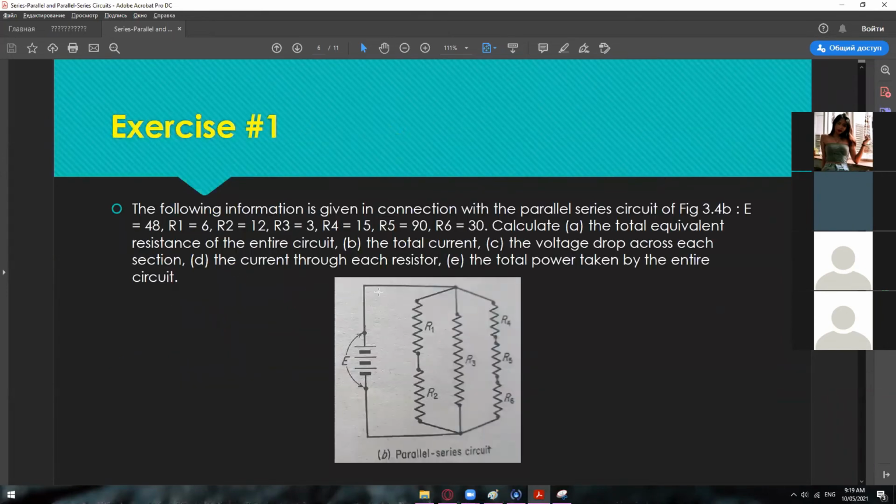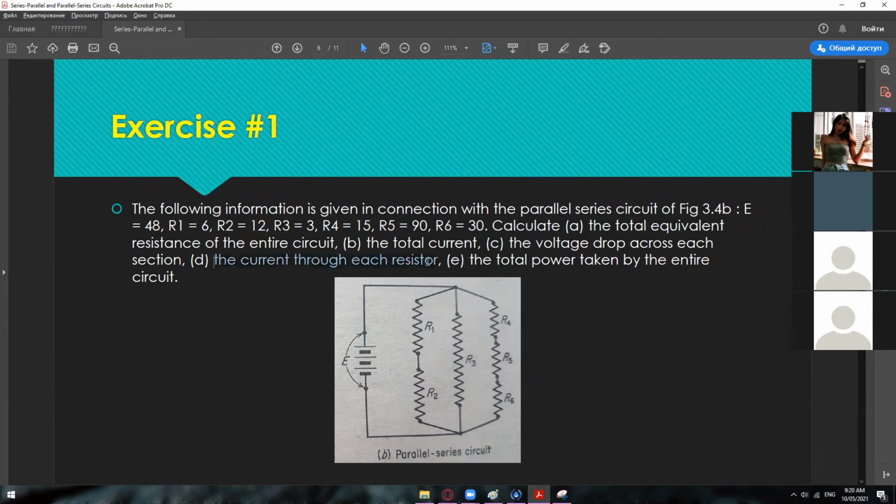Anyway, so, ito yung magiging parang seat work nyo. Okay, exercise number 1. So, same naman lahat. Okay, magkaiba lang ng parang representation ng circuit. So, same question. So, we're getting the total equivalent resistance, the total current, the voltage drop each section. So, etong section na to, and then another section, and then another section. So, we have a total of 3 sections. Okay?